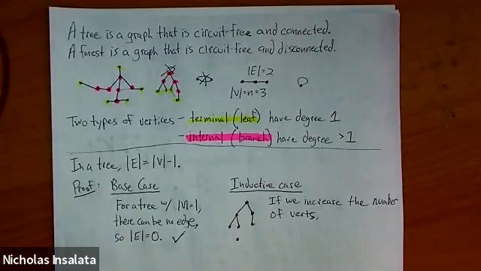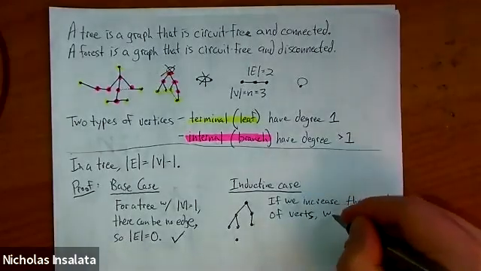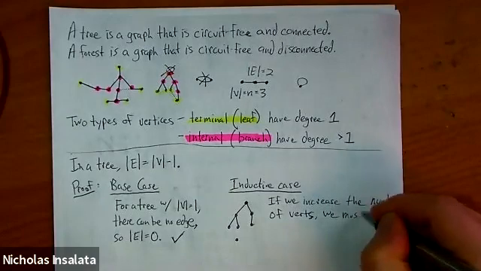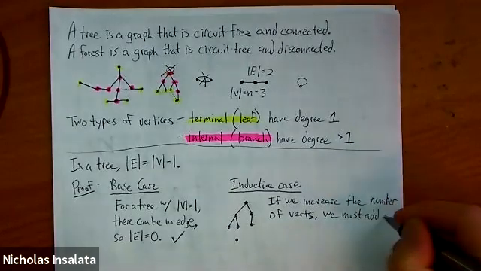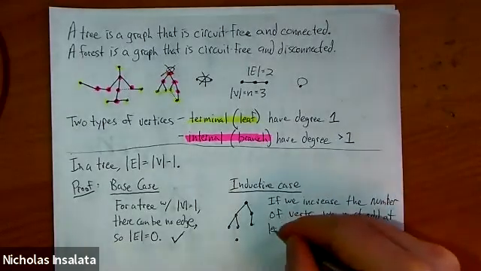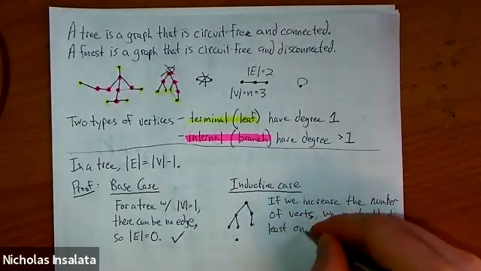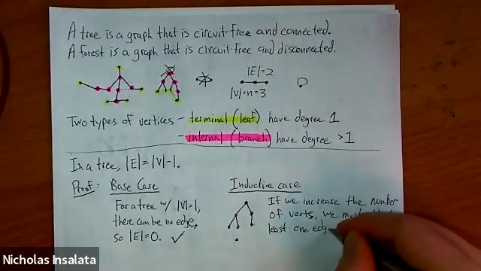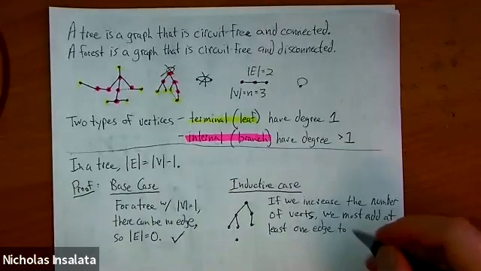We have to connect it for it to stay a tree, right? So we have to add at least one edge to keep the graph connected. We must add at least one edge to connect that new vertex to the tree.